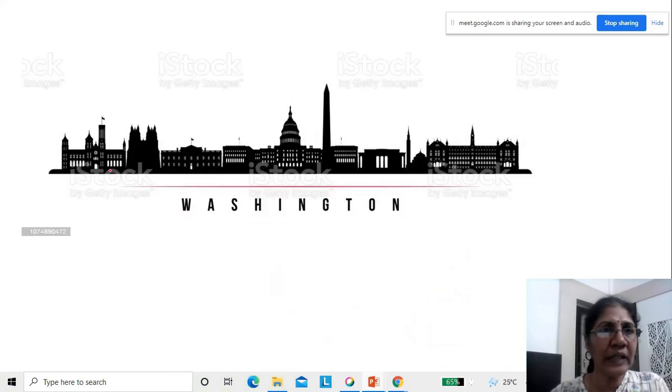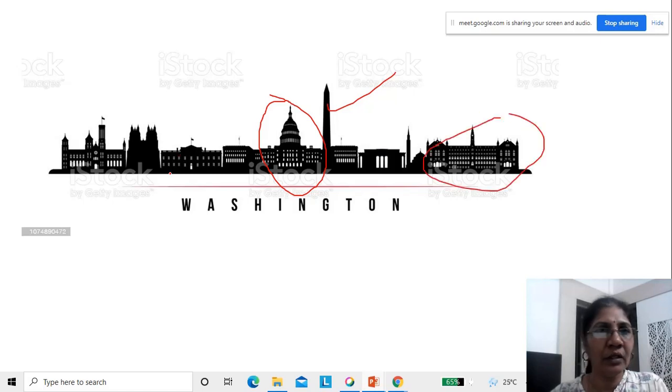This is also not the actual skyline. Here you can see the Capitol building. This is the Washington Monument, right? Few other palaces, and of course, where is that? Here, could you identify the White House? Maybe some other facade of the White House is present.